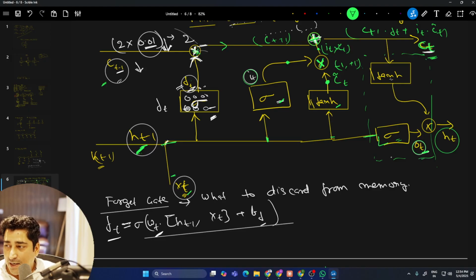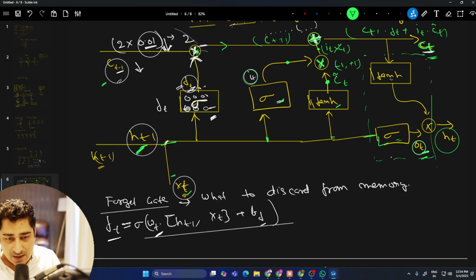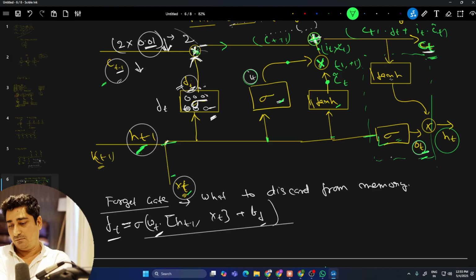Whenever I'm trying to give you the output, I should also consider the current memory that I have built, and the previous memory as well. So this is where this HT comes into the picture.